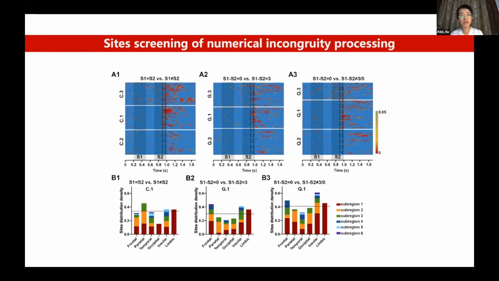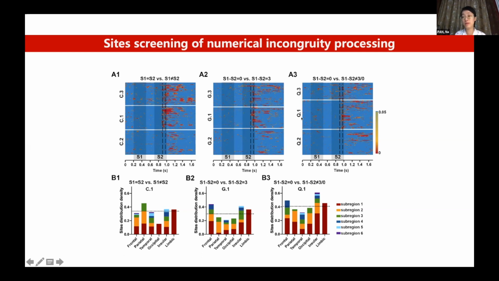Back to the SEEG results, we compared the SEEG amplitude in the situation where S1 is the same as S2 versus S1 is different from S2, in task 1 and in task 2.